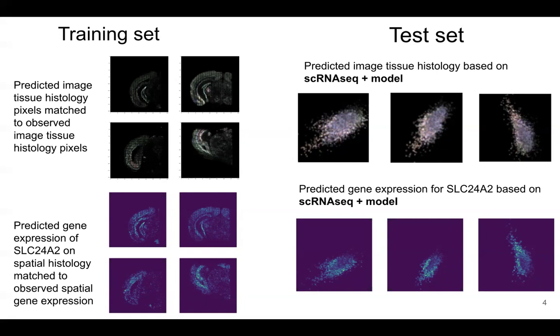So I use the images, especially the pixels, as a training. So I attempt to predict the pixels of the histology using only the gene expression. And with the gene expression, I then build a model that can predict the spatial coordinates of the single-cell RNA-seq.